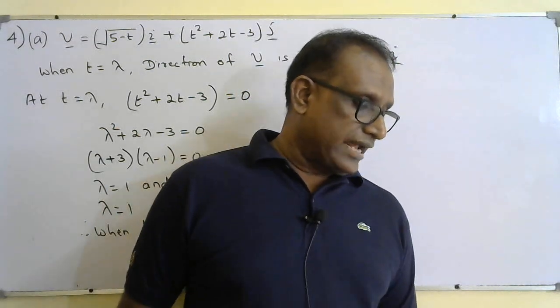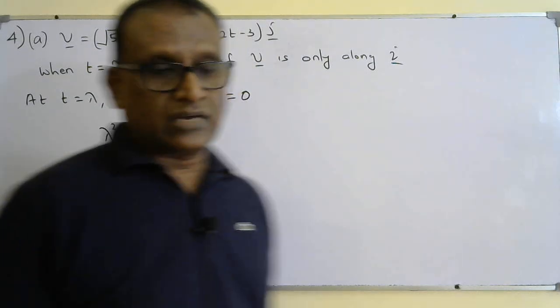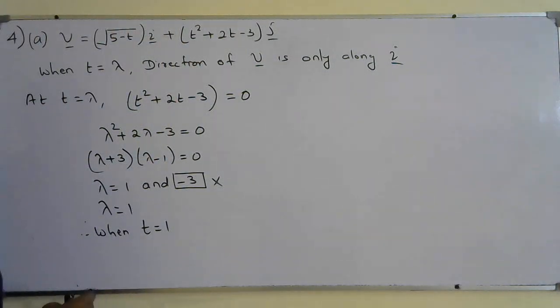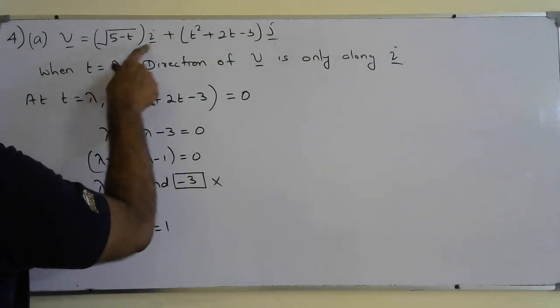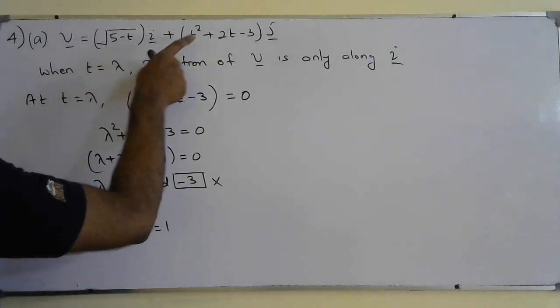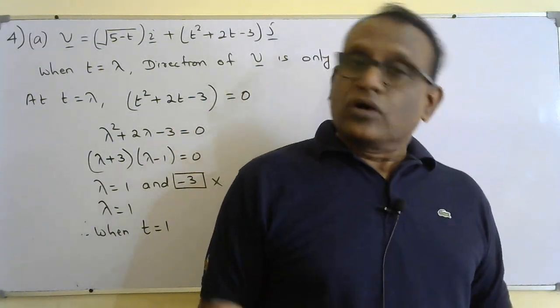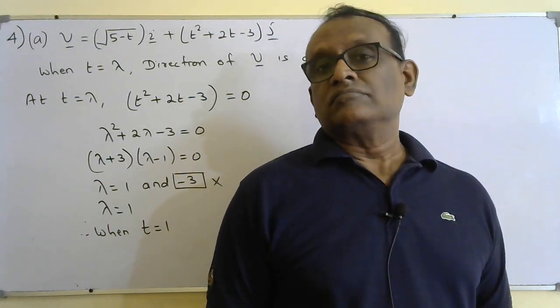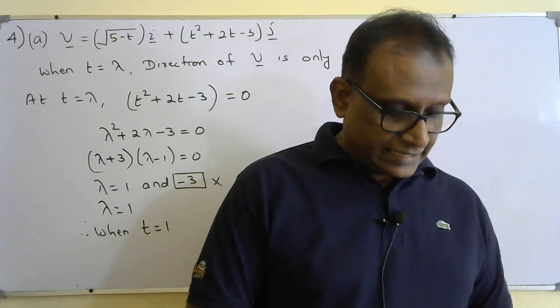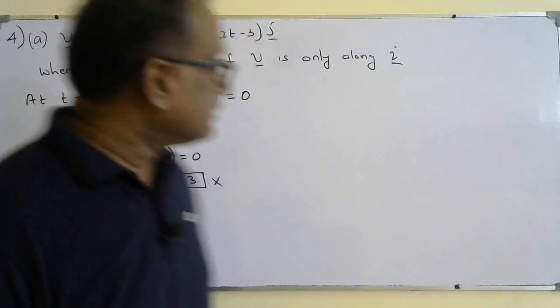The question is not that, but we have to find the acceleration. So differentiate now. Differentiate means you can't substitute t equals 1 now because that is at an instant. To get the acceleration vector, we need to keep the time there, otherwise you can't differentiate in terms of time. So we'll find the acceleration vector.